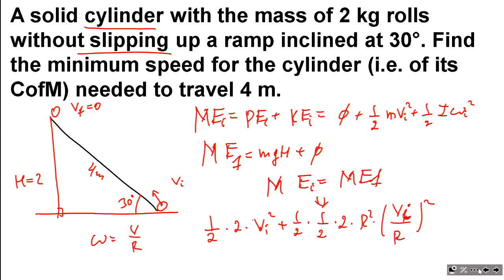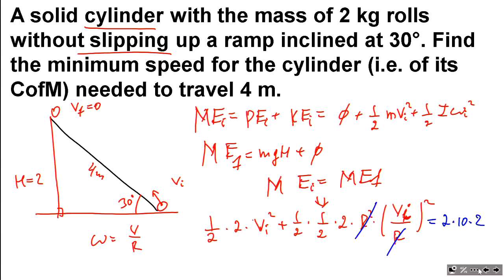And again, the only unknown left in this expression equals 2 times 10 times 2, actually the same number. So the only unknown left is that initial speed.